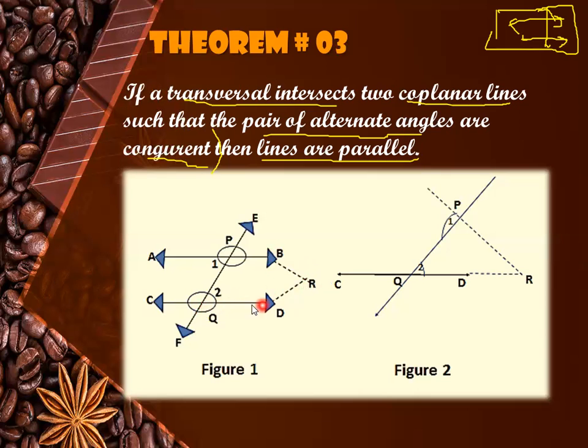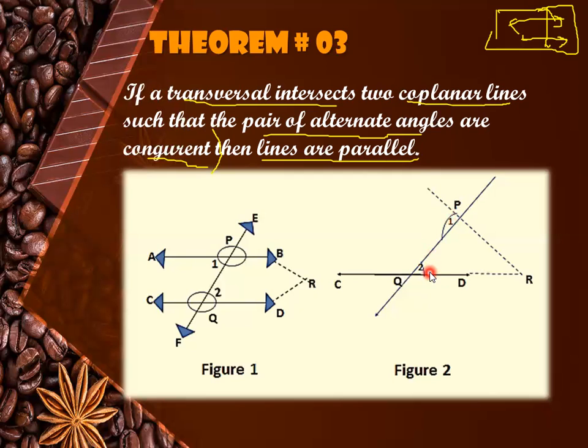Now I'm going to make another diagram with the help of this one. Suppose I extend this line and then join it with this one. After extension, you can see this will form a triangle: this is line CD, and CD is extended towards the point R, and another line is also extended, and it intersects at point P. After that you will get angle 1, which is exterior, and angle 2, which is interior.